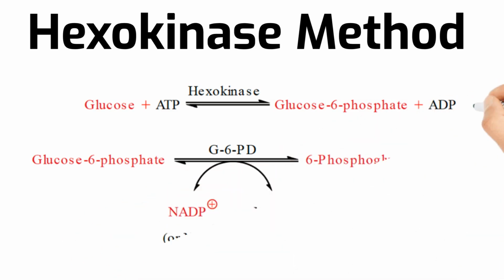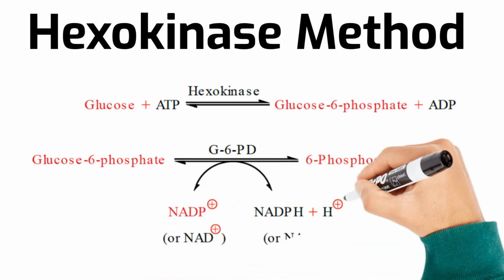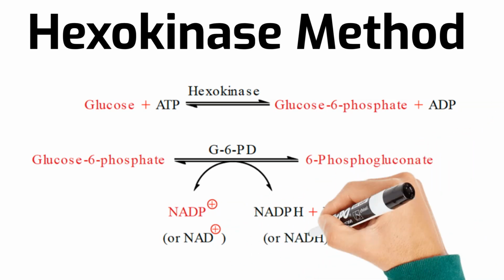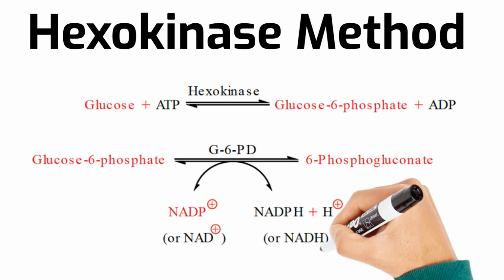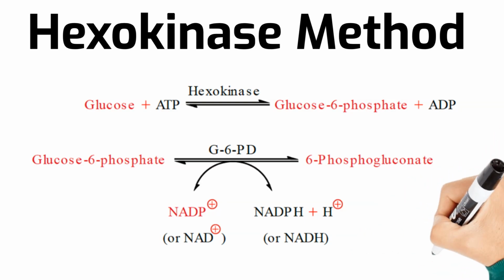This reaction produces reduced NADPH or NADH, which can be measured by absorbance spectrophotometry. The absorbance is directly proportional to the amount of glucose present in the sample.